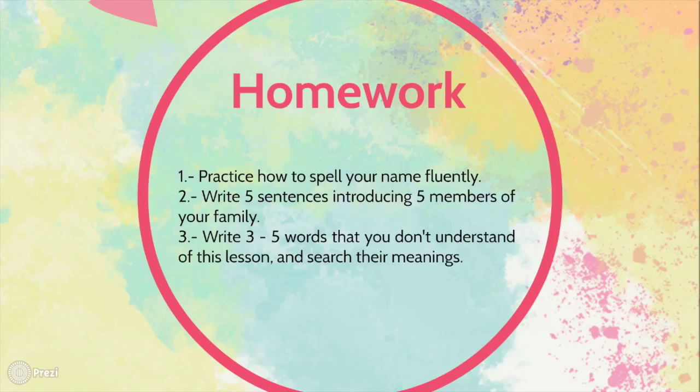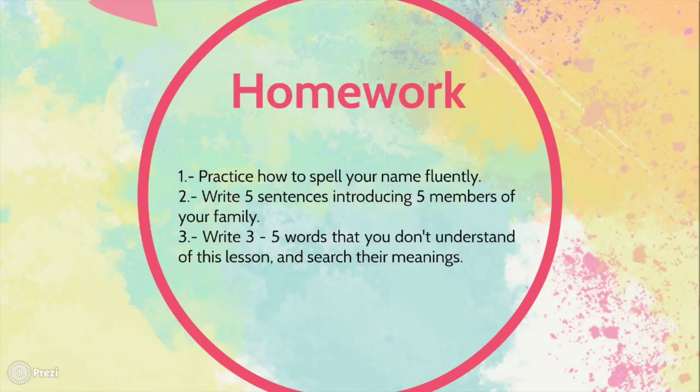Okay, now that we've finished with the lesson, we have a little homework. Okay, ahora que hemos terminado la lección, tenemos una pequeña tarea. Homework. Practice how to spell your full name fluently. Practica cómo deletrear tu nombre completamente y de corrido.